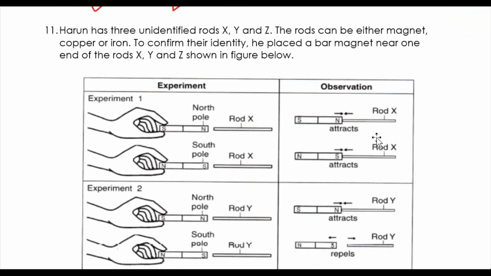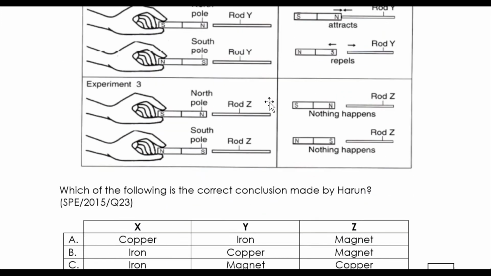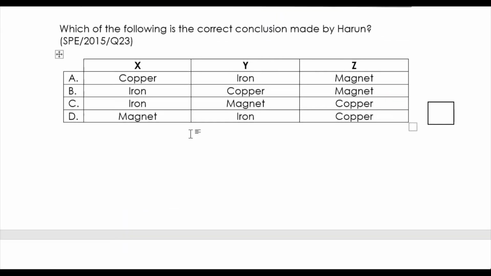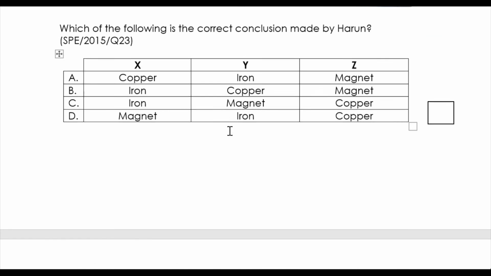Harun has 3 unidentified rods, X, Y, and Z. The rods can either be magnet, copper, or iron. To confirm their identity, he placed a bar magnet near one of the ends of X, Y, and Z, below. Which of the following is the correct conclusion made by Harun?